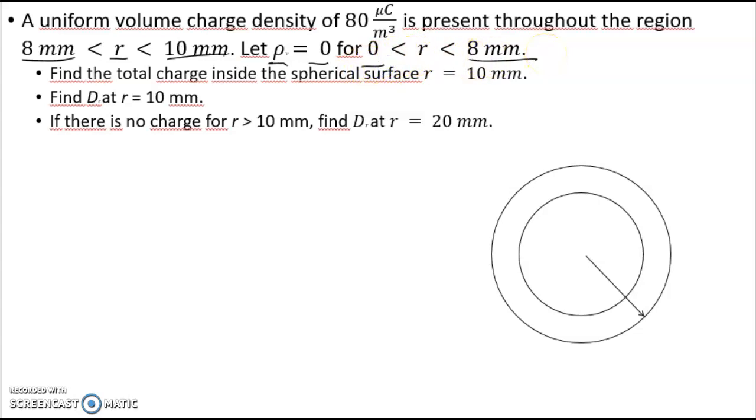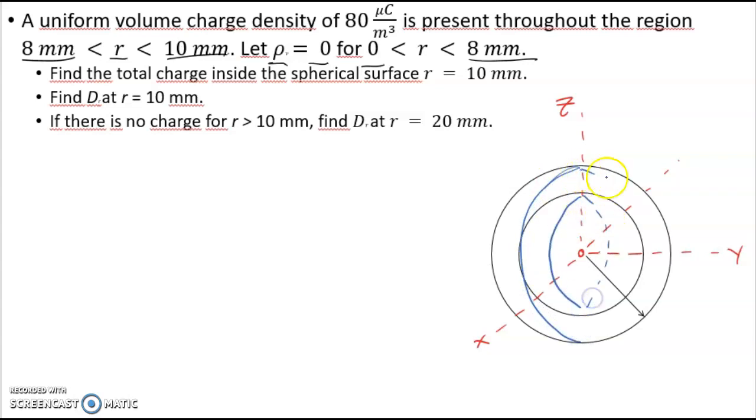To simplify the problem, let's consider a spheric structure centered at the origin, with X and Y axes. That means we will have two concentric spheres like this one.